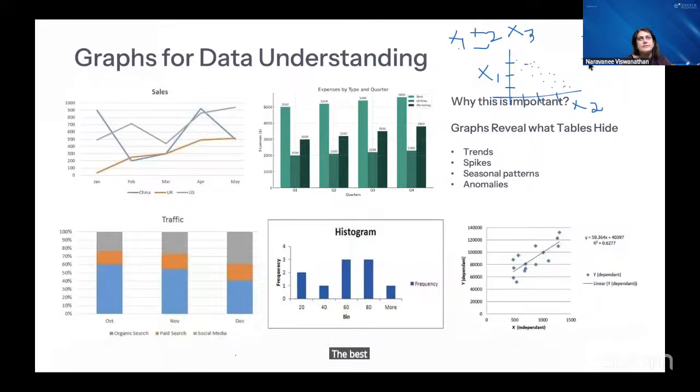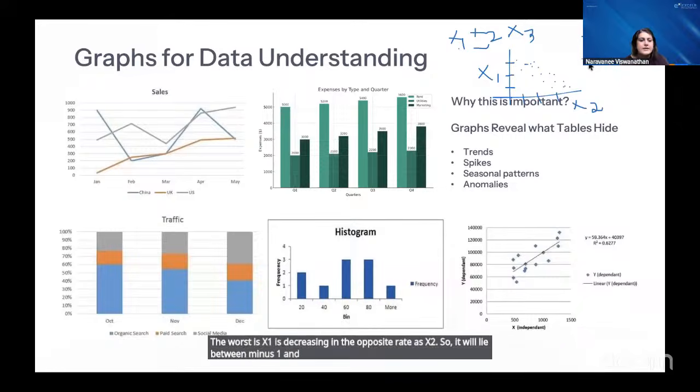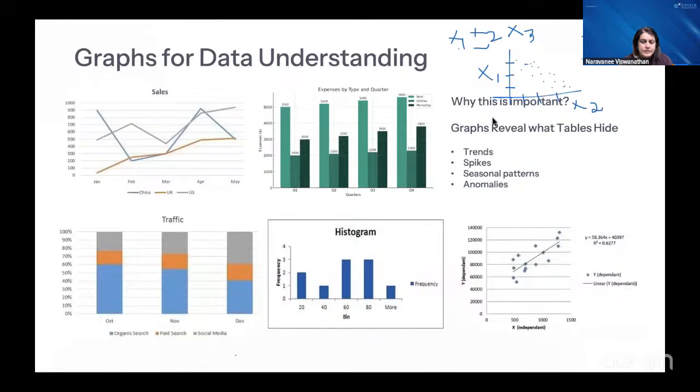The best is x1 is increasing at the same rate as x2. The worst is x1 is decreasing at the opposite rate as x2. So it will lie between -1 and 1. Is it clear, everyone? This is called correlation. Clear?